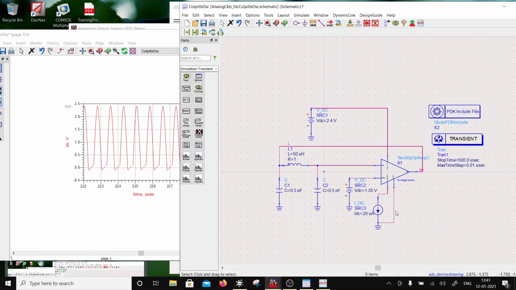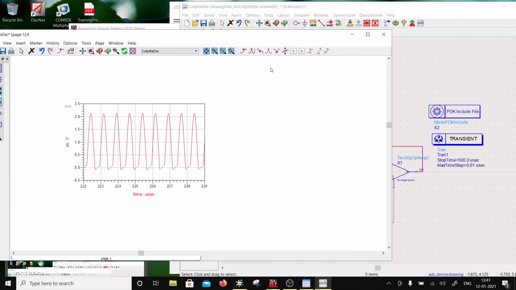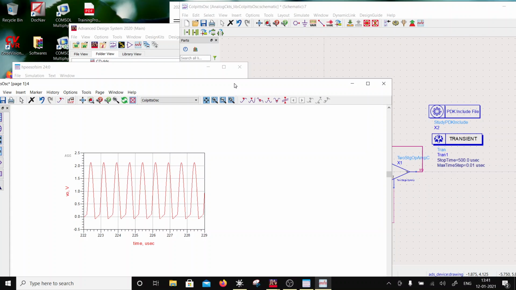So what must be happening is you are hitting saturation somewhere. So let's do this, and let's hit this again. Okay, so it's not a sine wave, though it is oscillation.